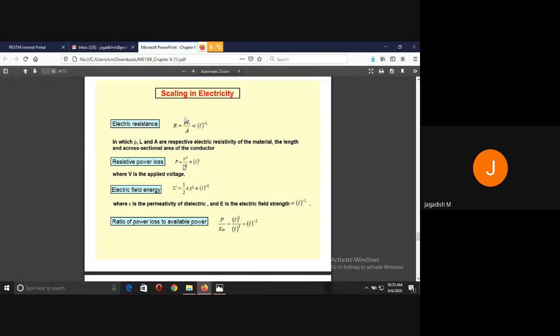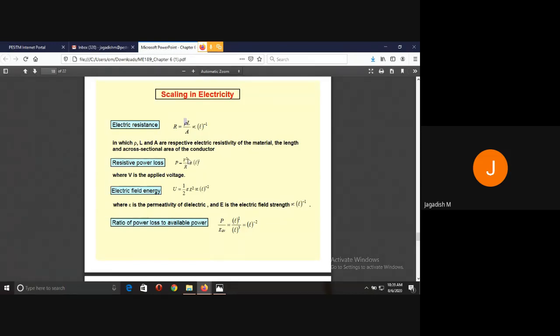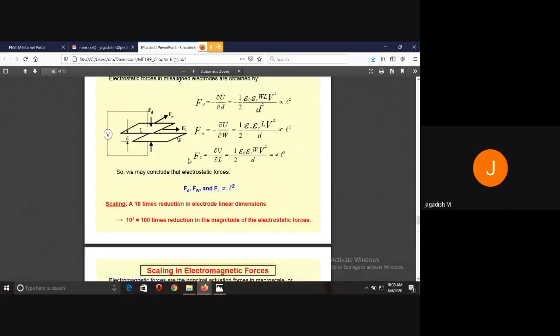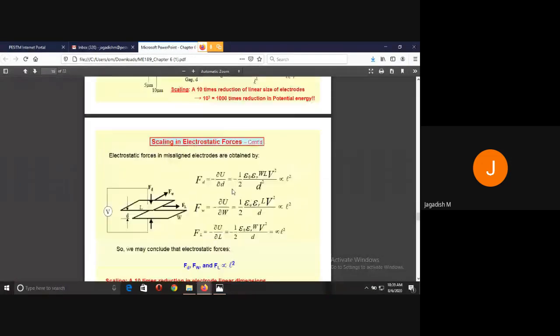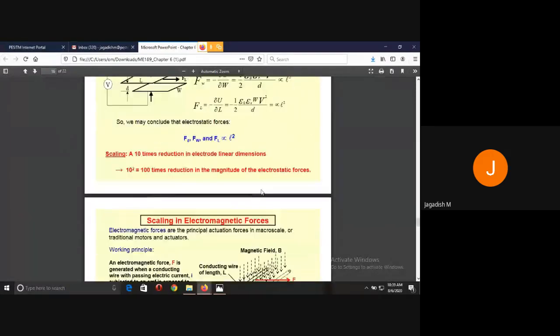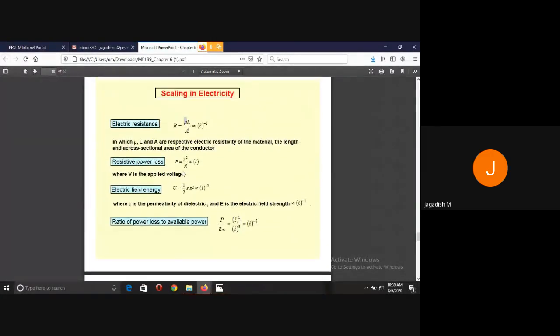Similarly, for power loss, you have P equal to V squared by R. In previous slides, we have considered the linear scale voltage, that is V proportional to L. So here also we'll consider the linear voltage. So it is proportional to L squared divided by R, and it should be L. There's some change here.